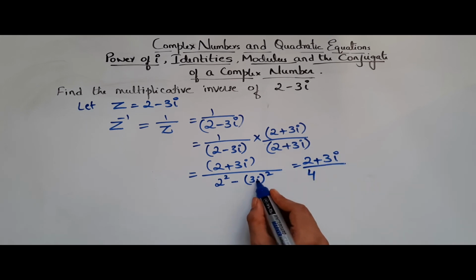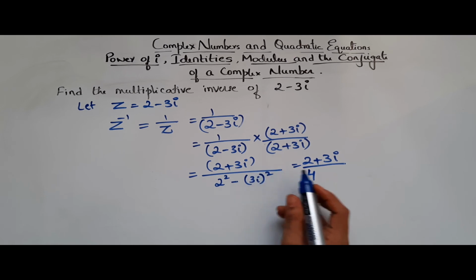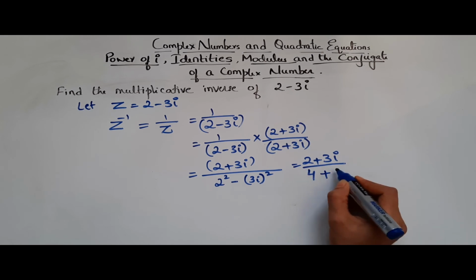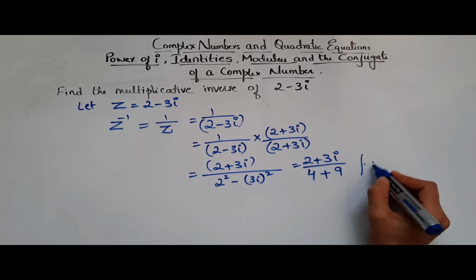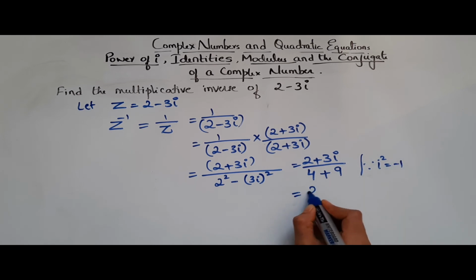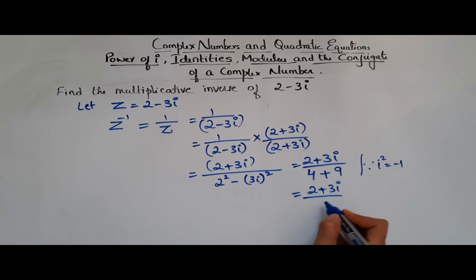So here 3i square, 3 square is 9, i square is minus 1, so minus of minus is plus, so 3 square is 9. So if you want you can write i square is equal to minus 1, which is equal to 2 plus 3i by 9 plus 4 is 13. So here real part is 2 by 13 plus imaginary part is 3 by 13 into i.